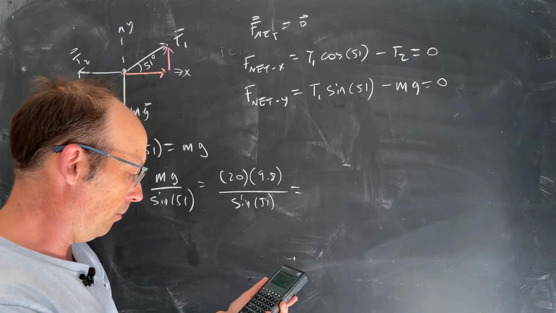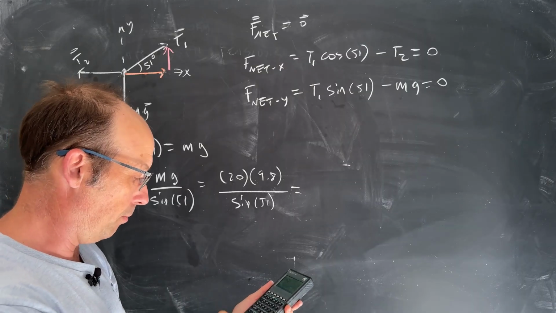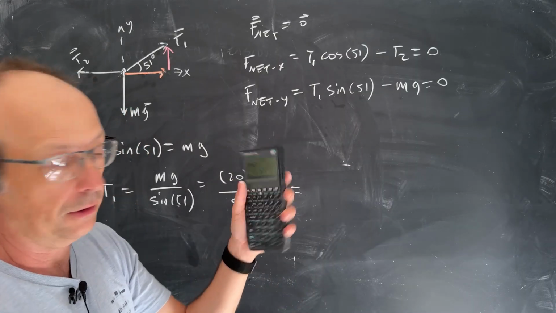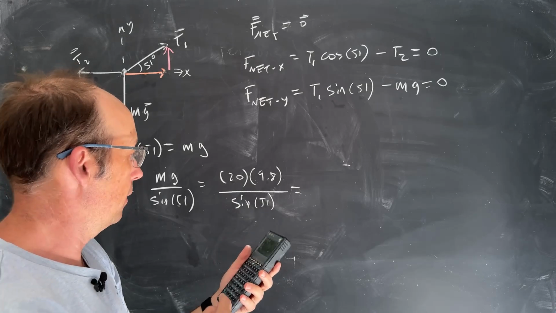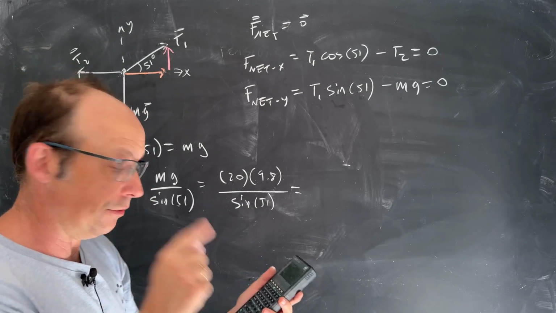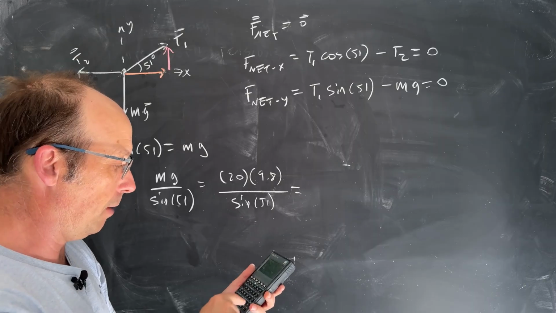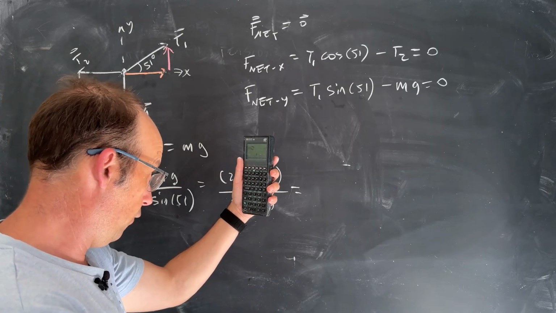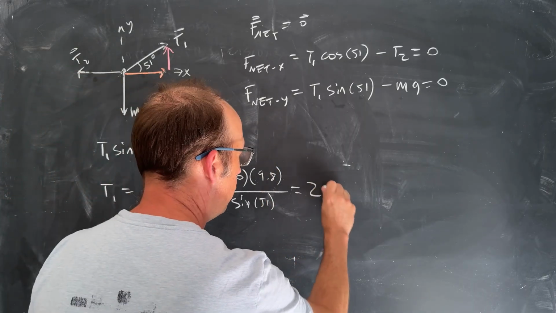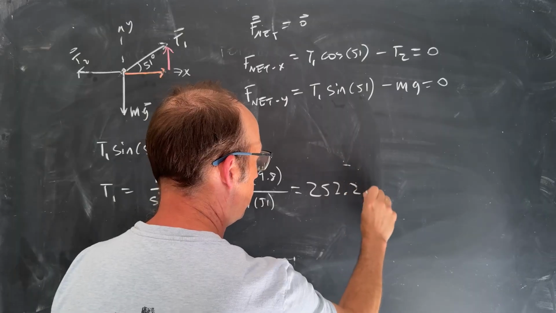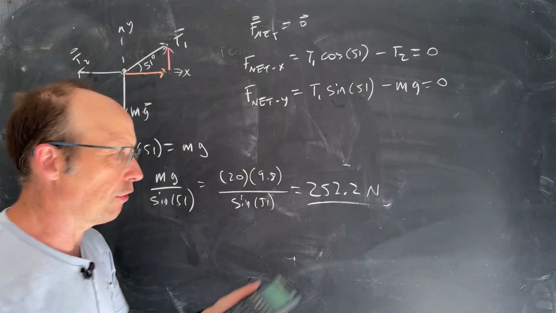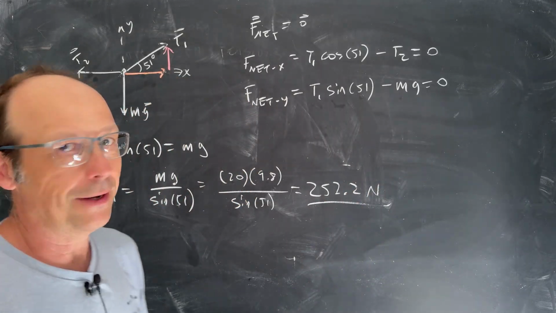This is Hewlett-Packard. Very old. Make sure your calculator's in degrees mode. 51 sine, divided by, and I get 252.2 newtons. If this was a test and you wrote 252 newtons, I'm not going to take off for that.